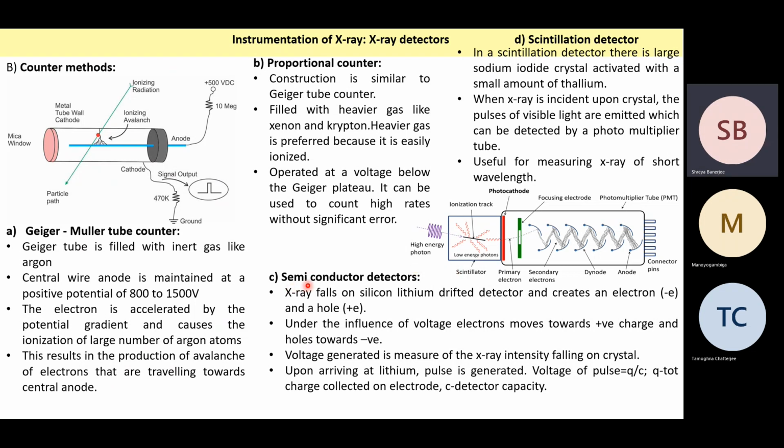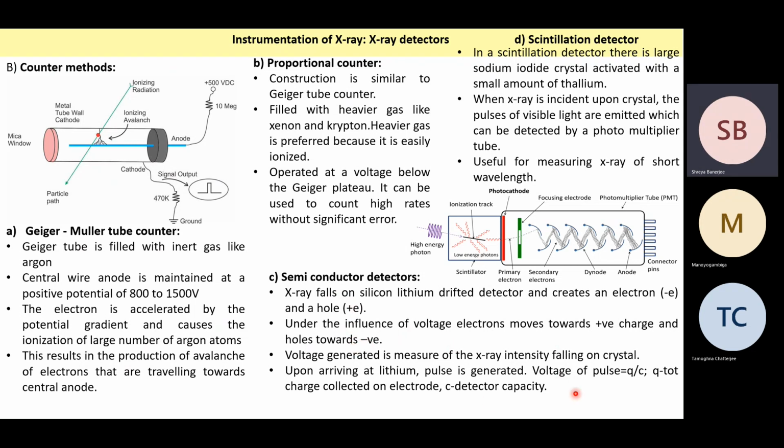And the next one is a semiconductor detector, where basically the X-ray is falling on a silicon lithium drifted detector. When the X-ray falls on the semiconductor, it creates an electron and a hole. Under the influence of the voltage, the electron, which is negatively charged, moves towards the positive charge, and the positively charged hole moves towards the negative charge.